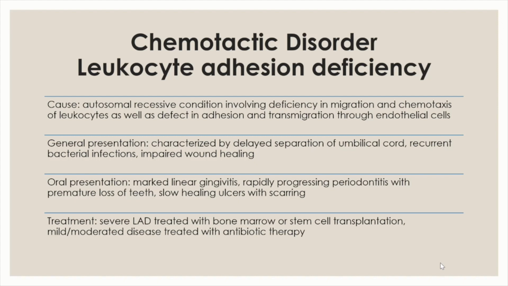Oral presentation: the patient may show marked linear gingivitis, rapidly progressing periodontitis with premature loss of teeth, and slow healing ulcers with scarring. Severe cases are mainly treated with bone marrow transplantation or stem cell transplantation, and the mild and moderate cases with antibiotic therapy.